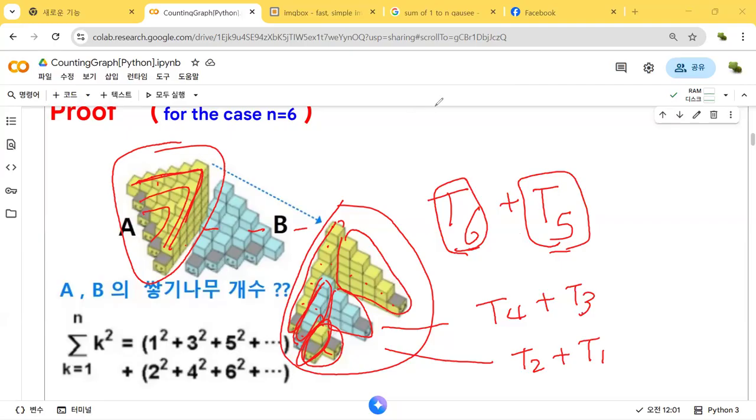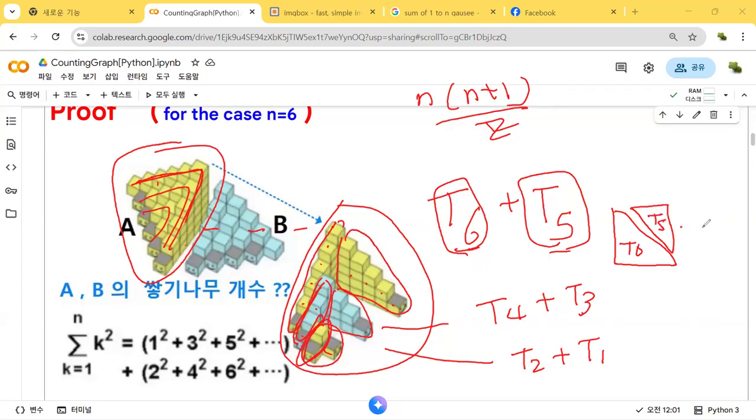Then you may plug in n plus 1 over 2, but by the intuitive geometry, this is T6 and this is T5, a small triangular, and then there is the six square, okay, like this.